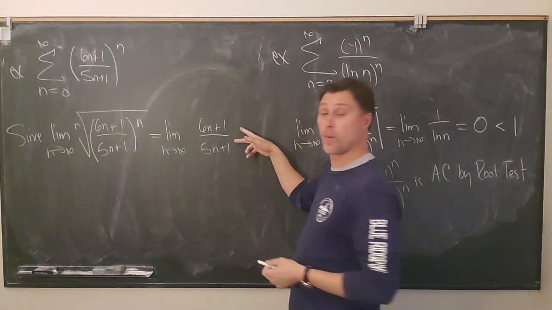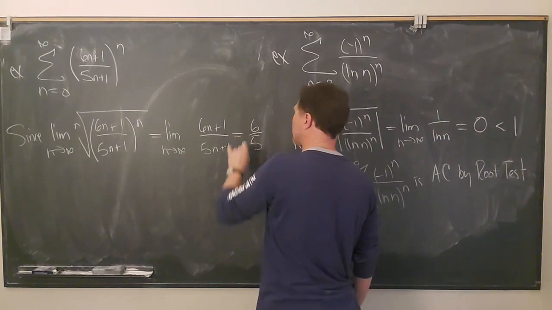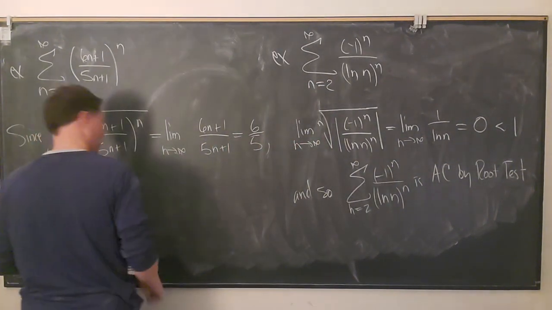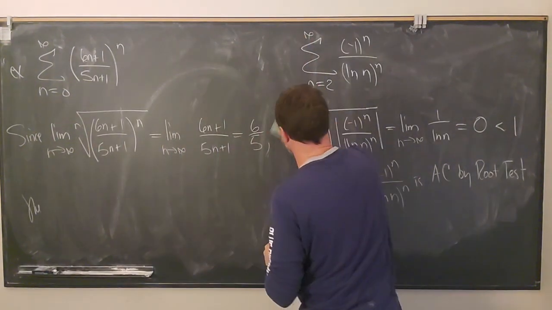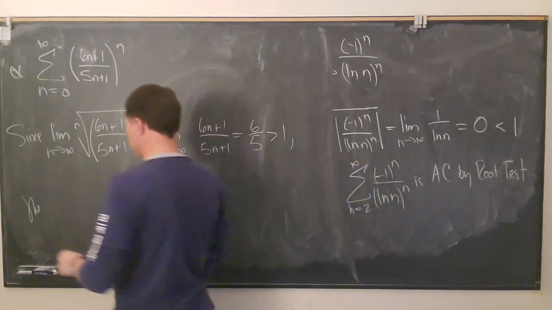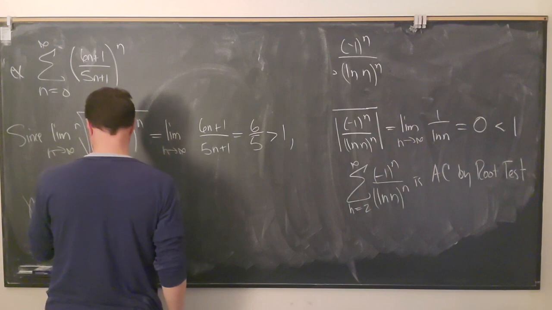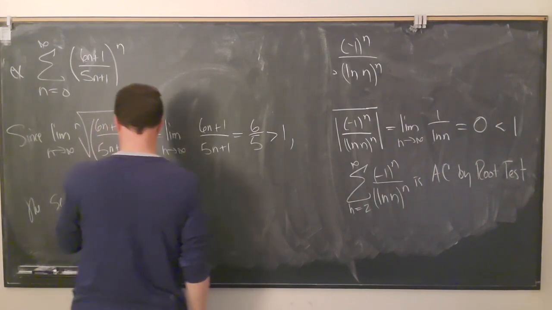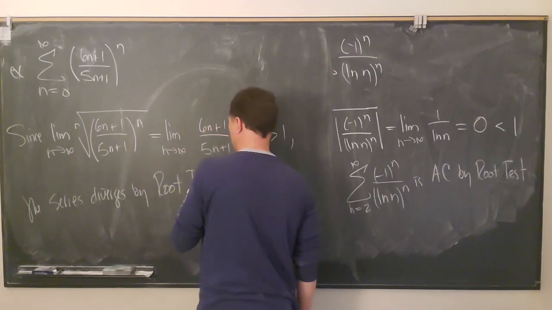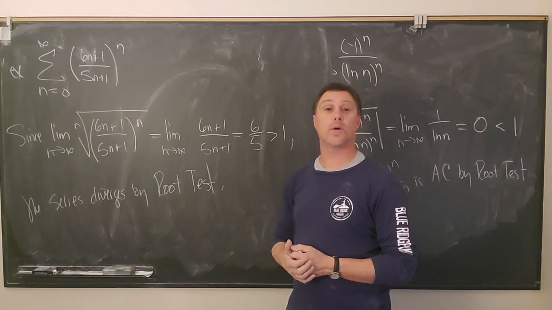That's polynomial over polynomial where the degrees match. And so this limit is 6/5, which is great, and I should just write it out. This is greater than 1. The series diverges by the root test.